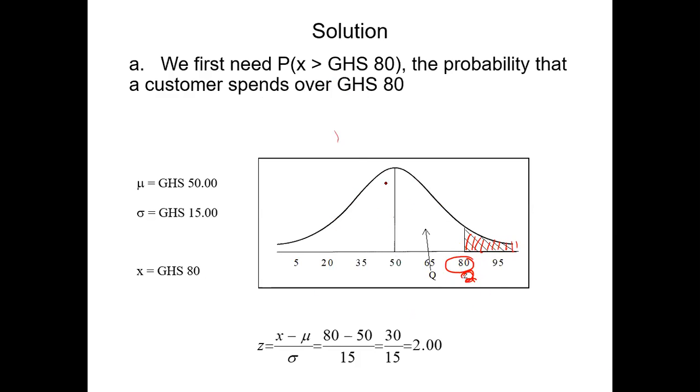We should be able to draw the curve, because once we draw a normal distribution curve, at the mean, at the middle, the z value is 0.